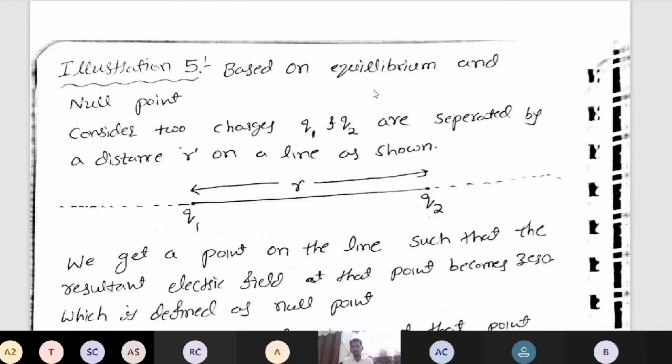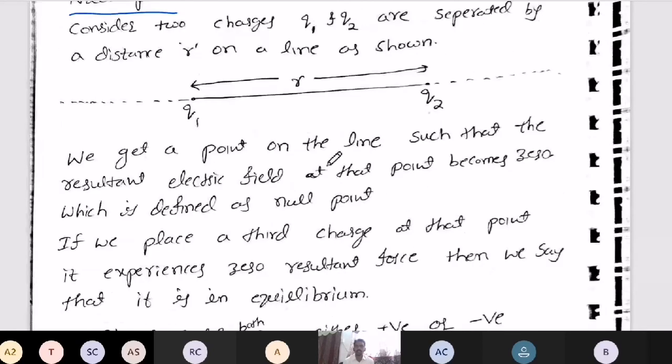Okay. Next thing, based on equilibrium and null point. See, based on equilibrium means, as we already discussed, if there are two charges, you can keep one more charge on the line joining them, either in between or left side or right side, so that the resultant force on it will become zero.